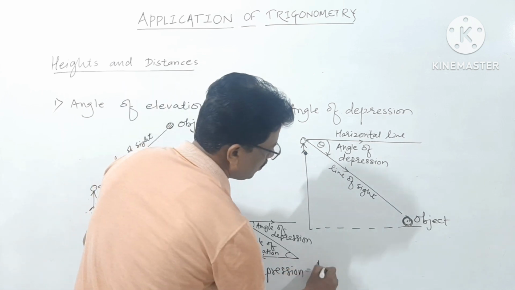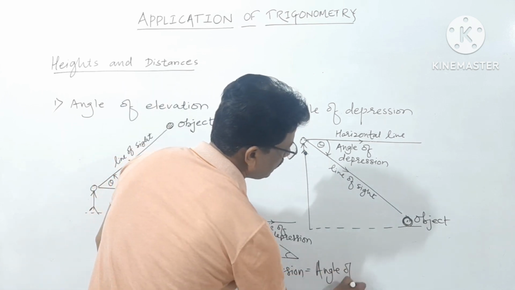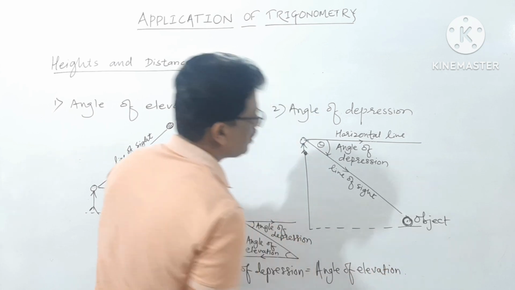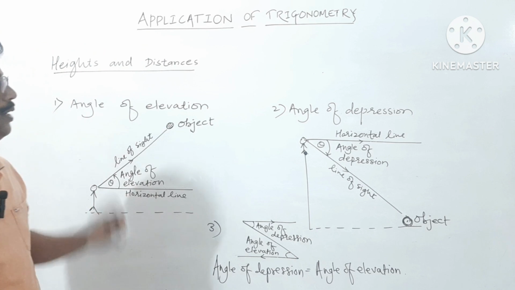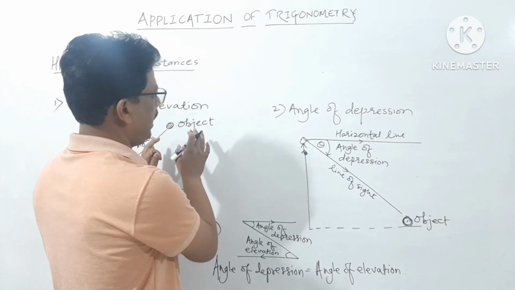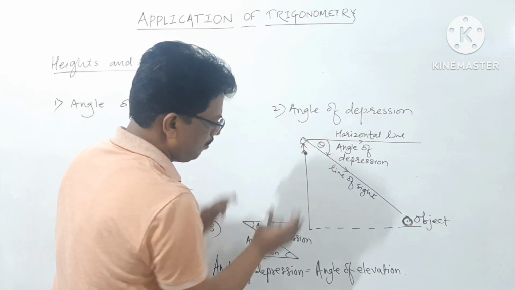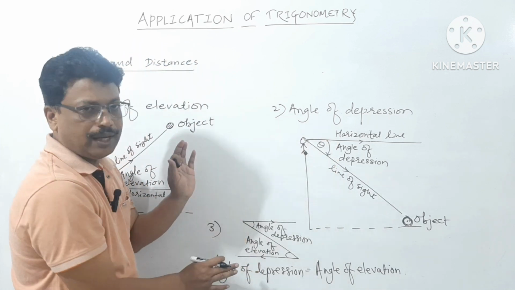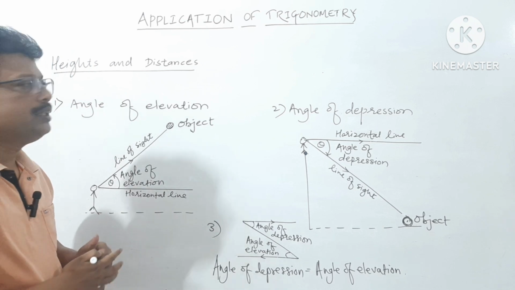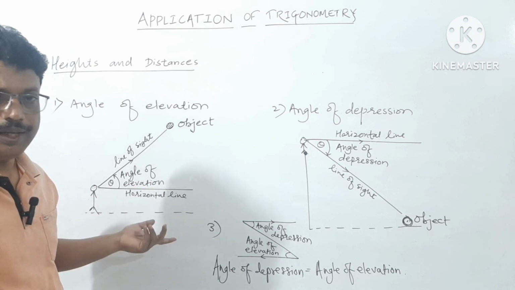To study the application of trigonometry, we have to keep in mind these three things: angle of elevation, angle of depression, and that these two angles are equal. Then we can solve problems very easily.